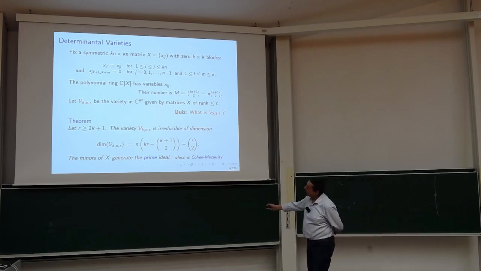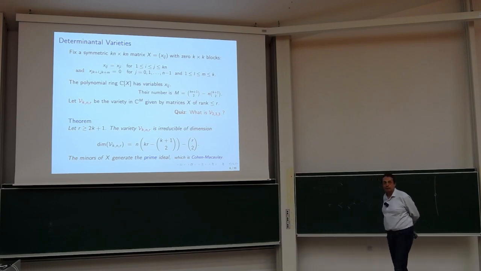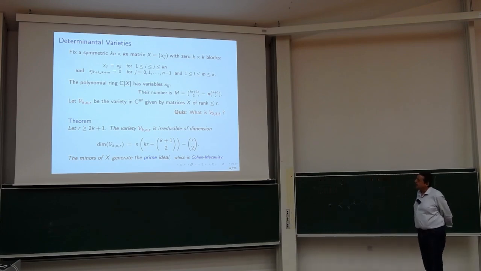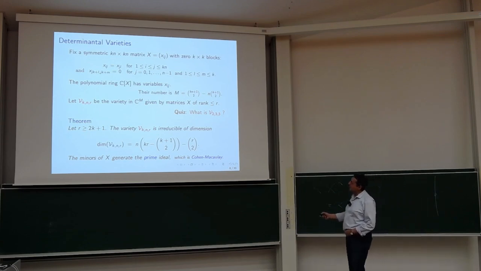If we're in the high rank regime, so if r is at least 2k plus 1, where k is the block size, then the variety is irreducible, meaning I cannot break it into pieces. And the dimension of this variety is this explicit number that depends on n, k, and r. That's a positive integer. Here's the dimension of the orthogonal group.